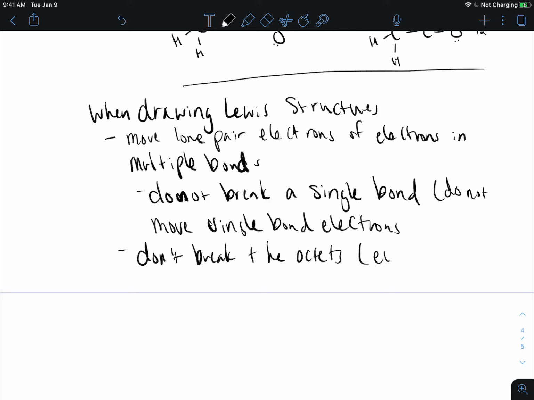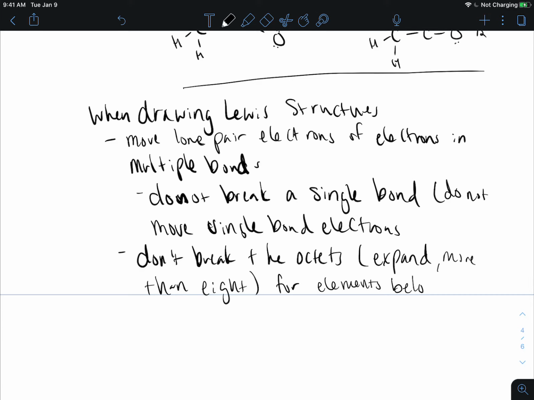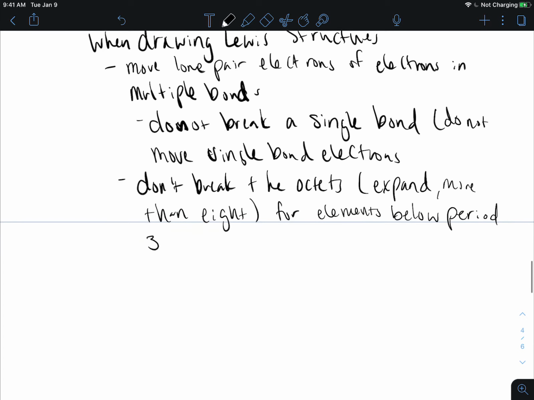So do not expand the octet to more than 8 for elements below period 3, or remove an octet from an atom that already has one.